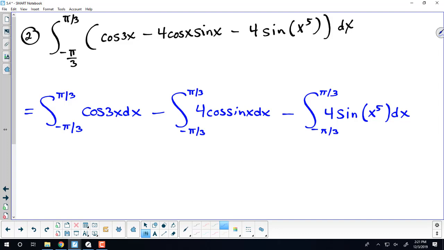What did we say about cosine? Yeah, this is even. Cosine is even. What about sine? Sine is odd. So what would this last integral be? That whole thing is just 0. There's really nothing to do there, because this whole thing is 0.